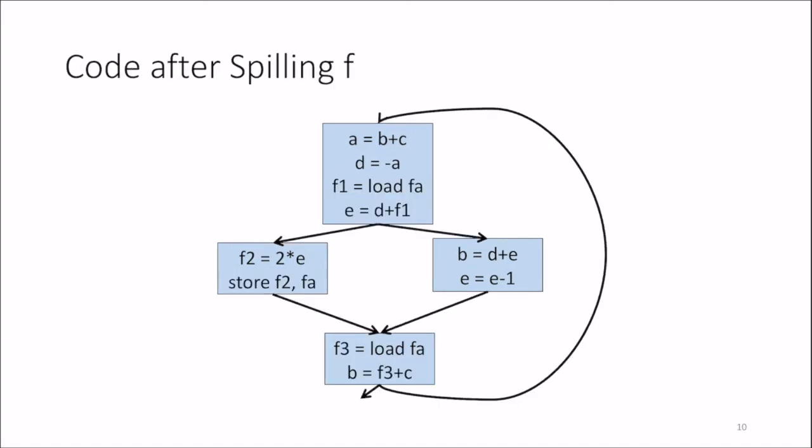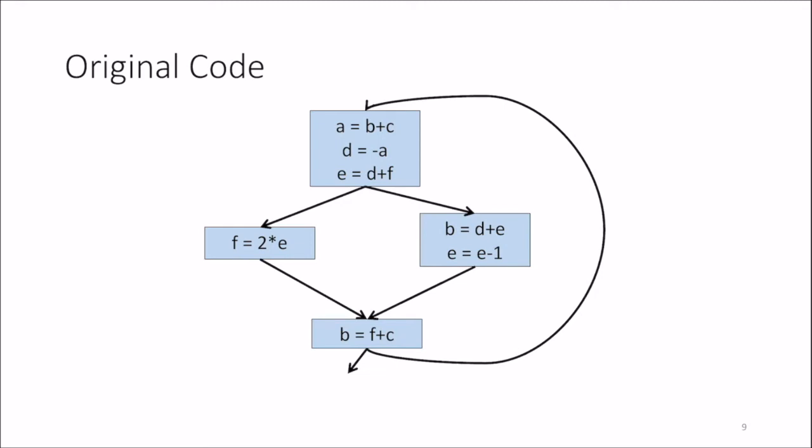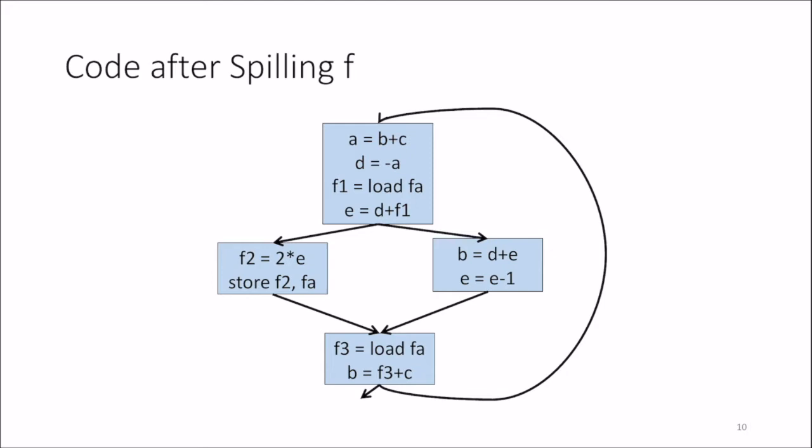Now in this case, if we are spilling F, notice that we are using F over here, and then we're rewriting F here. So we're using it here, we are using it here, and we are storing it here. So whenever we use it, we have to load it. Whenever we store it at a location, we have to store it actually into memory. You can see here it's loading from the memory location FA and then assigning it to a temporary location F1, it's using that.